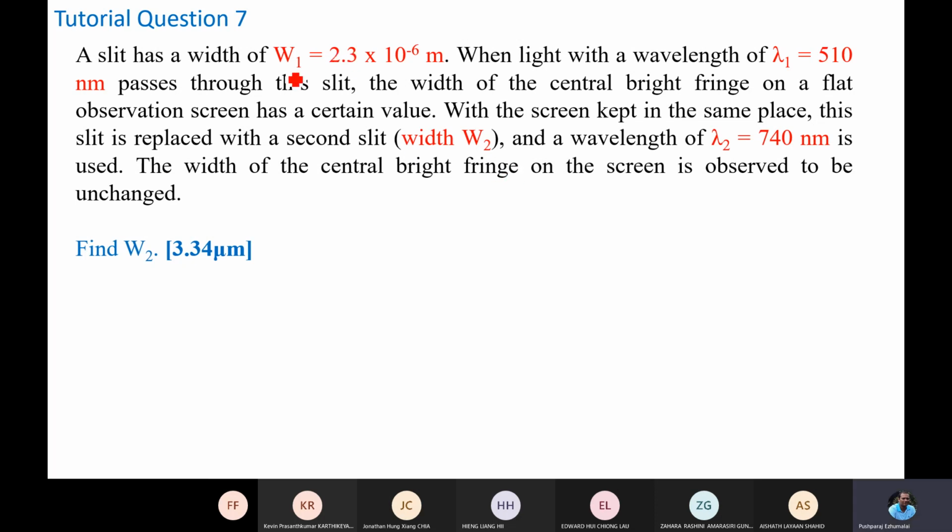A slit of width W1. There are two slits. The first slit is 2.6 into 10 power minus 6 meter. When light of wavelength lambda 1, 510 nanometer, passes through the slit, the width of the central bright fringe on the flat observation screen has certain values. We don't know what that will be.